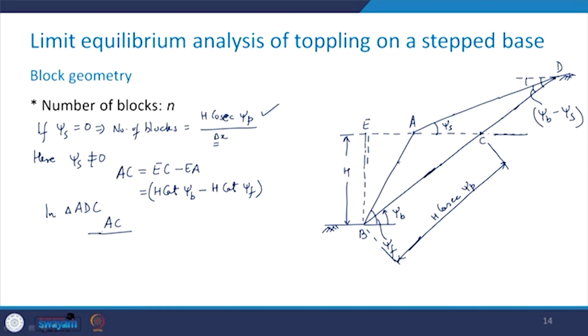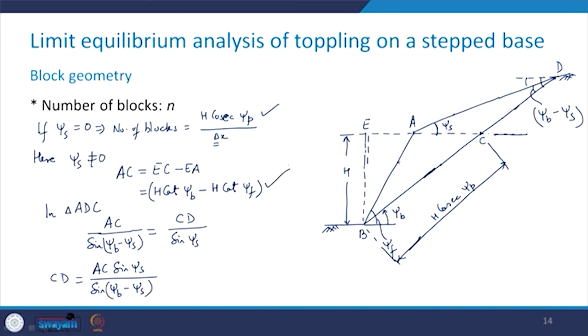So, I apply the sine rule: AC over sine of psi b minus psi s is going to be equal to CD over sine of psi s, because in front of CD you have this angle. So, from here I can get CD is equal to AC sine psi s divided by sine of psi b minus psi s.